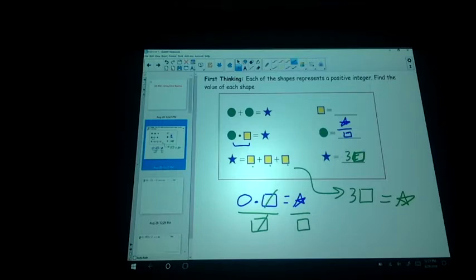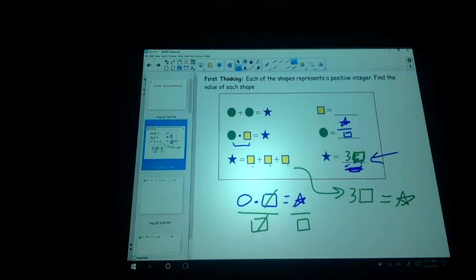How are 3 and square being held together right here? So I'm going to divide. I want to know what square is equal to. I have a 3 and I have a box. If I divide both sides by a 3, what do I find that box is equal to?